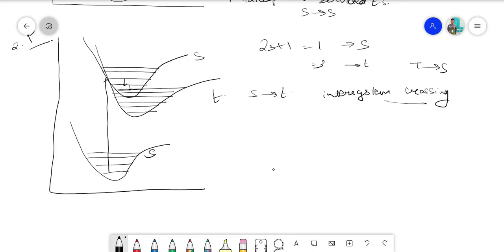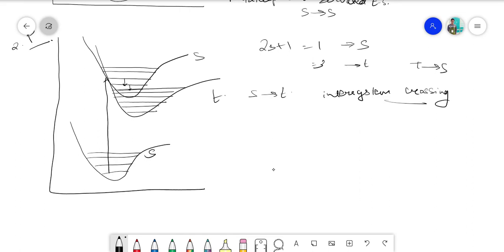Okay. Now, why does this happen? Due to spin orbit coupling of the excited vibrational energy levels, I mean the vibrational energy levels in the excited state. They overlap because of spin orbit coupling. And we know that because of spin orbit coupling, the selection rules also get relaxed and there can be a change of spin multiplicity. Okay.